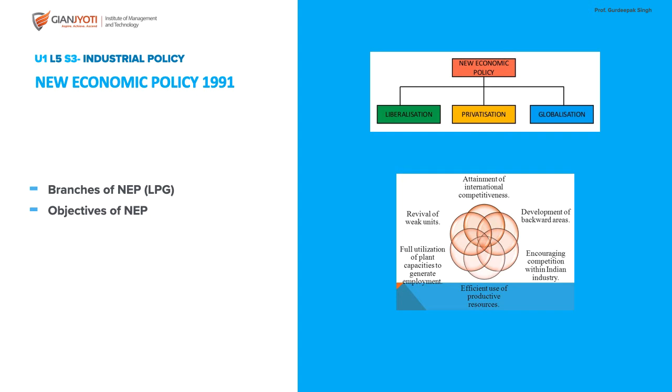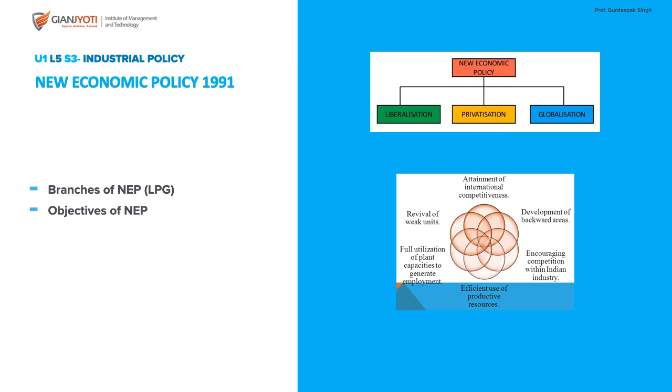The objectives they used were six. Number one, as I said, attainment of international competitiveness, development of backward areas, that means integrate the rural and urban areas to grow together, encouraging competition within the Indian industry to improve the quality, efficient use of productive resources, full utilization of all the capacities which were there in our country, so that the employment is generated and there is less of unemployment and poverty.